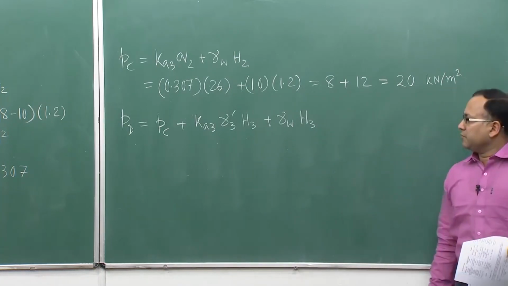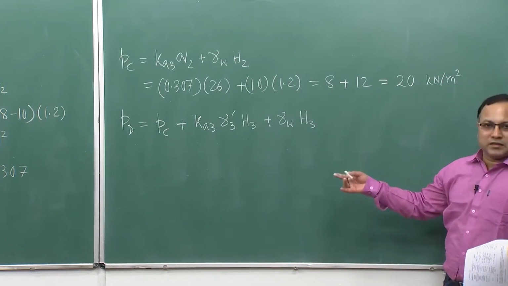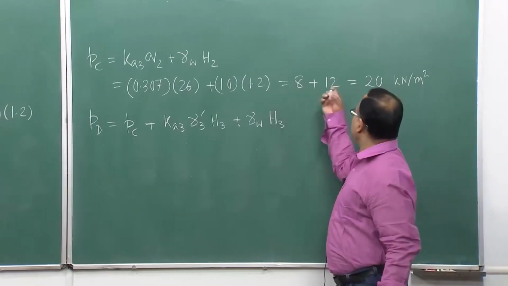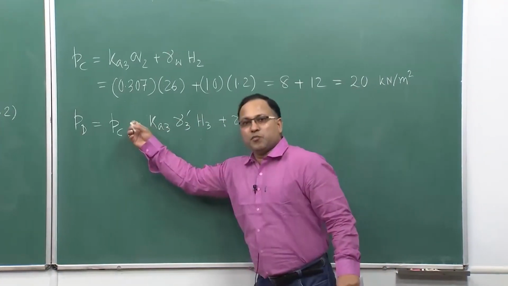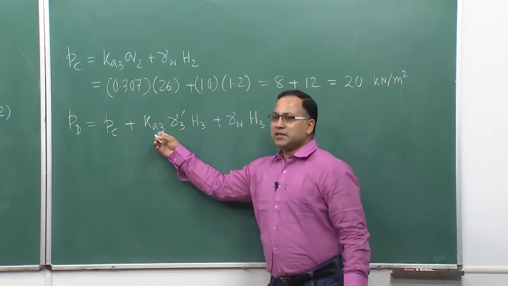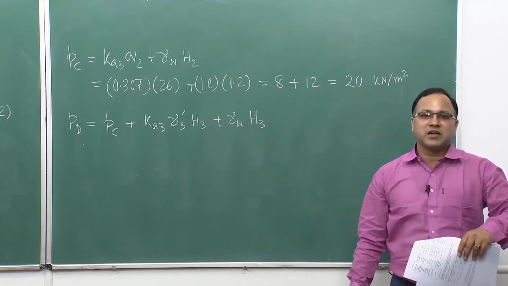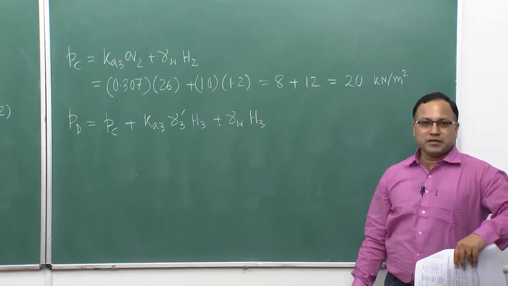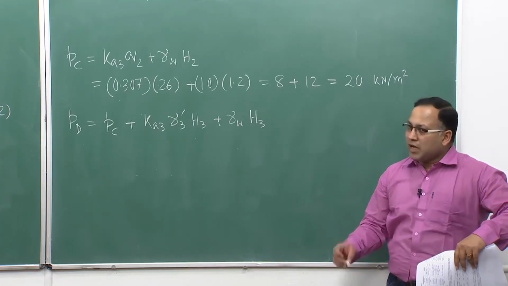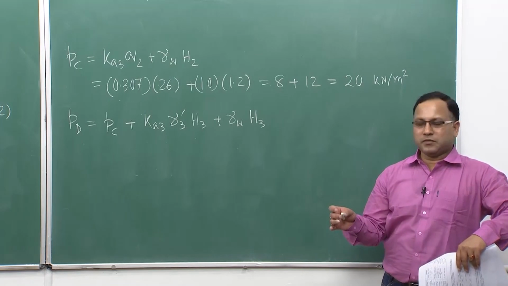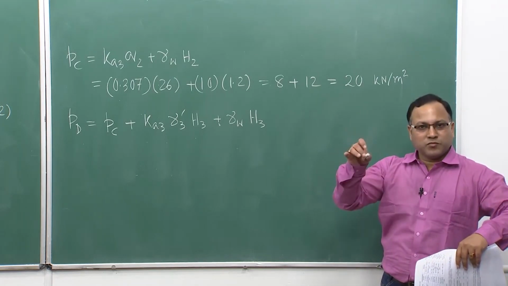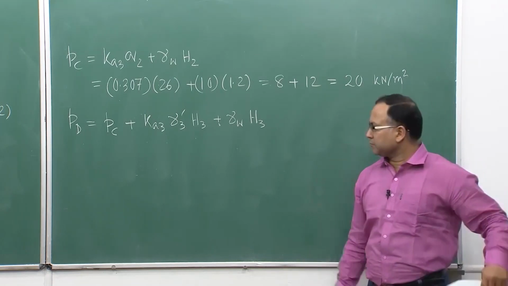Please try to understand. So, Pc will be always there, right. So, whatever you have calculated just now, this 20 will be there, plus Ka3 into gamma 3 prime. What is gamma 3 prime? That is the submerged unit weight of stratum 3 into H3. H3 is depth of stratum 3 plus the water pressure at that level, right. So, D is the bottommost point of the wall.